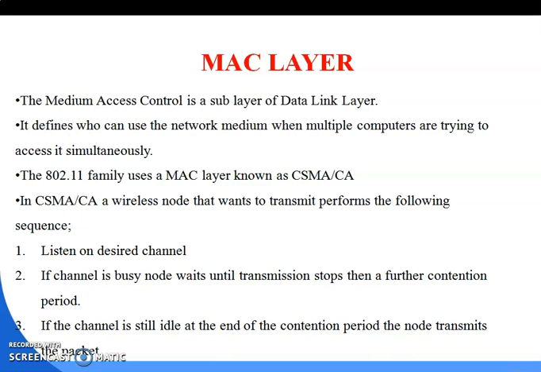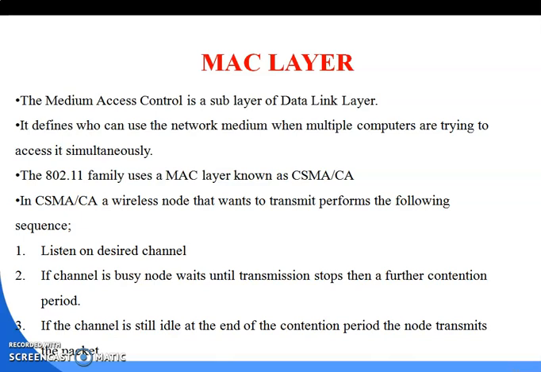First, listen on the desired channel. If the channel is busy, the node waits until transmission stops, then a further contention period. If the channel is still idle at the end of the contention period, the node transmits the packet.